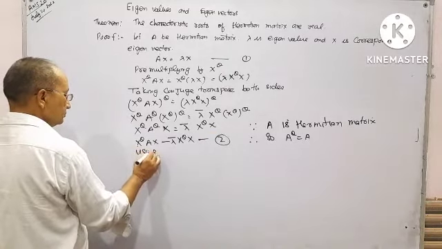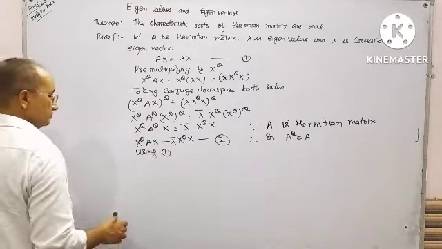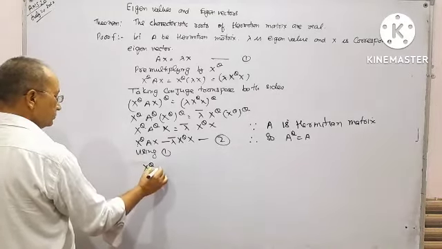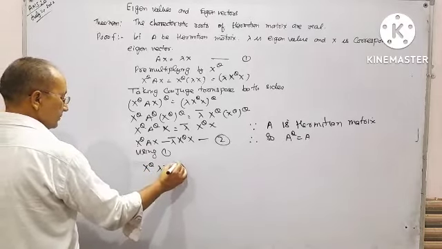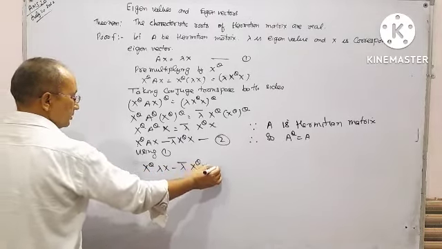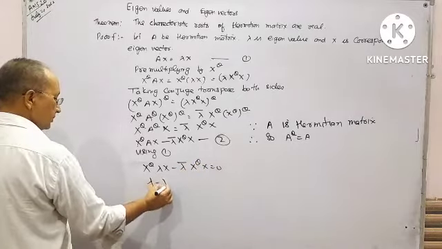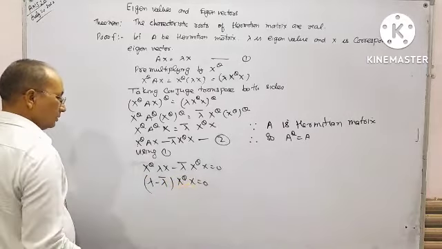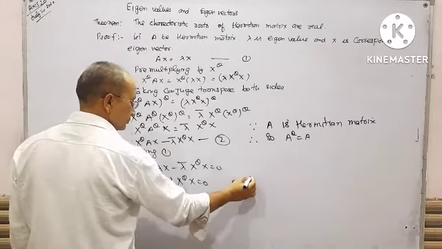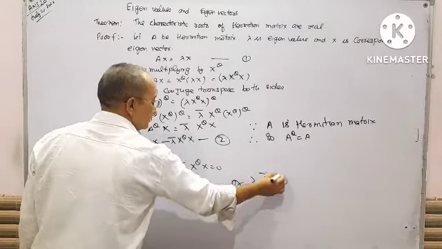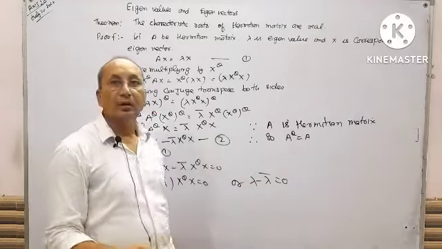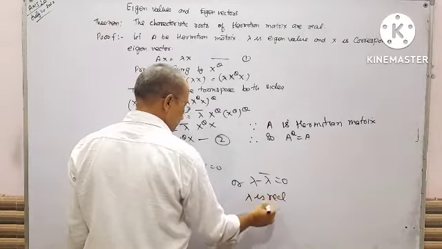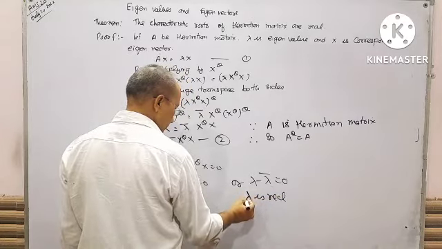Using equation 1, x theta lambda x minus lambda conjugate x theta x equals 0. Lambda minus lambda conjugate times x theta x equals 0, or lambda minus lambda conjugate equals 0. It means that lambda is real. Proved.